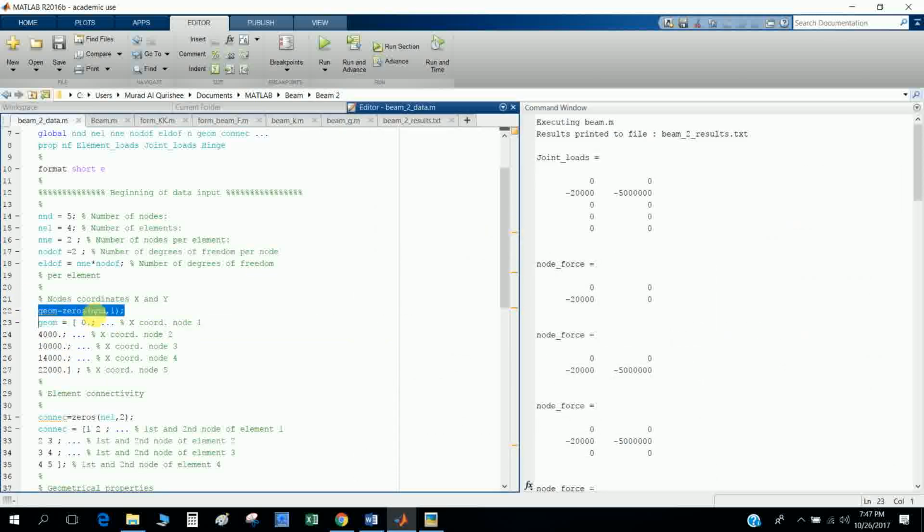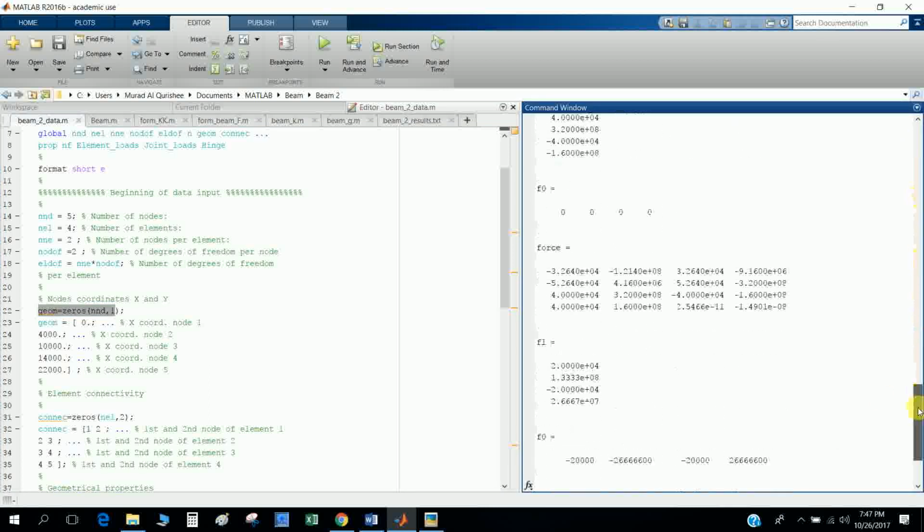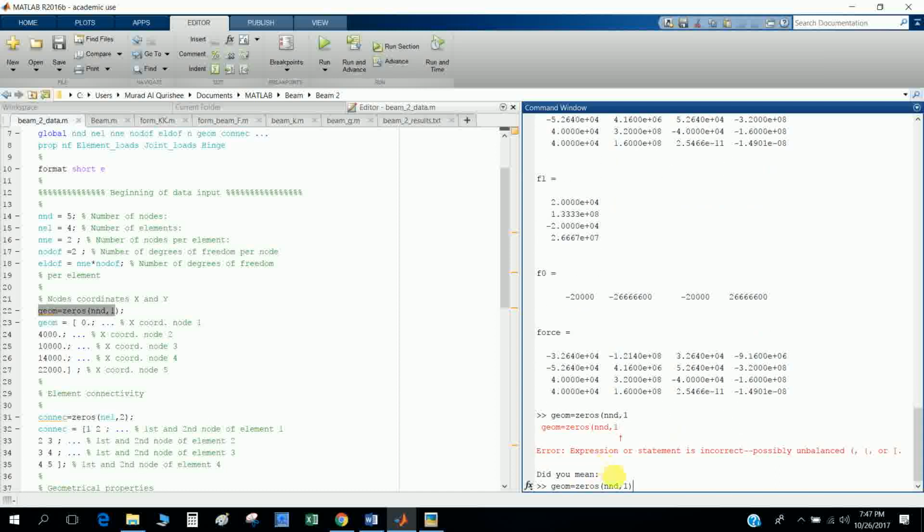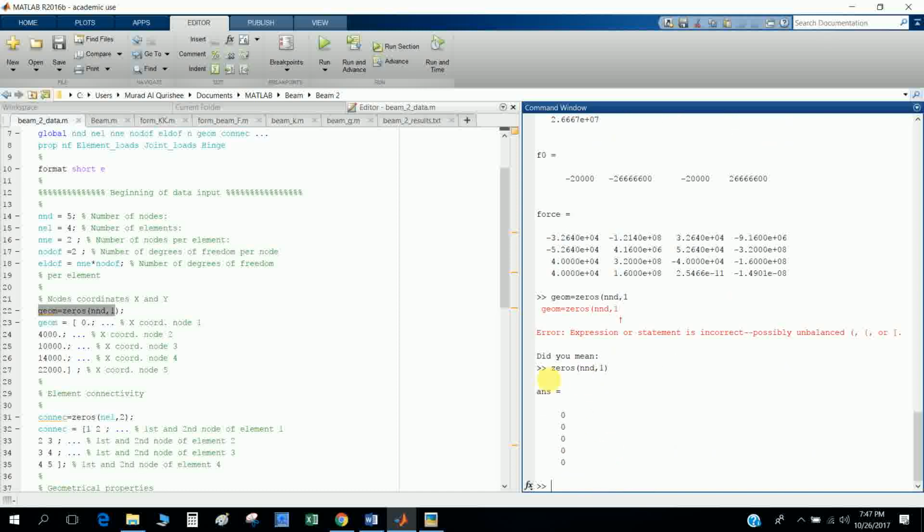If I show you here, you see zeros and ending, that means the number of nodes is 5. So this matrix is 5 rows 1 column of zeros.